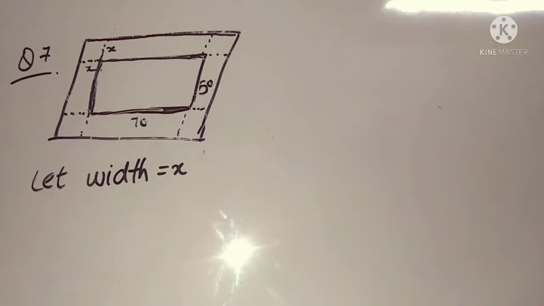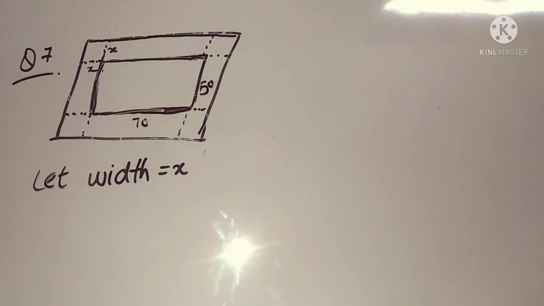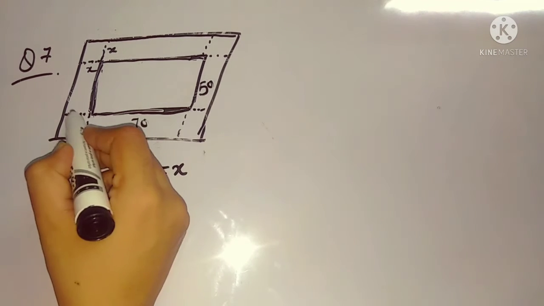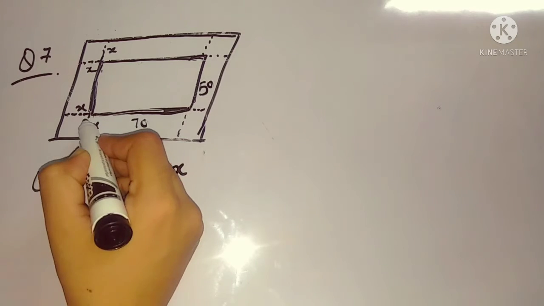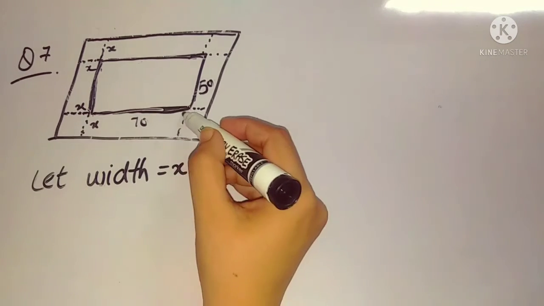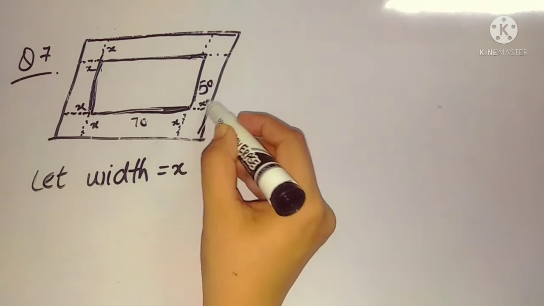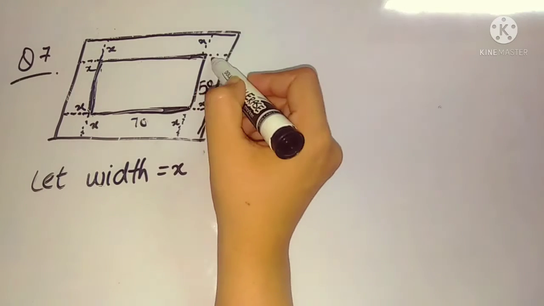All four sides are equal. Uniform width means that the width is the same all around. If this is x, this is also x. In the same way, if this is x, this is also x, and this is x and this is also x.